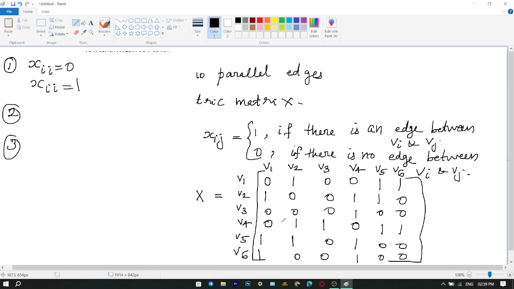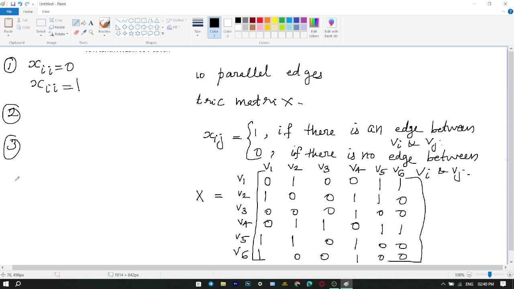Because the degree of vertex V1 is 3. So depending upon the number of edges joining a particular vertex, that means depending upon the degree of a vertex, there will be that many ones in a particular row or column. That is our third observation.